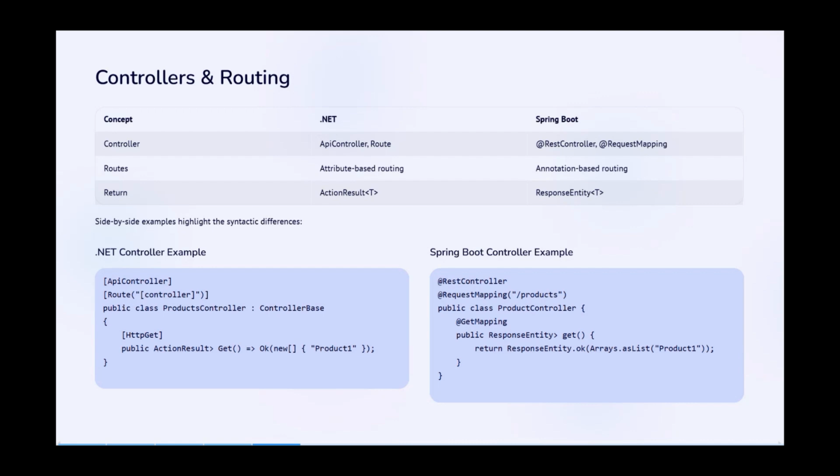But in Spring Boot, we can simply use the RestController annotation. Other than that, things are mostly similar. Route and RequestMapping are similar mappings that we use for mapping the controller, and we can use HttpGet and GetMapping for annotating endpoints within the controller.